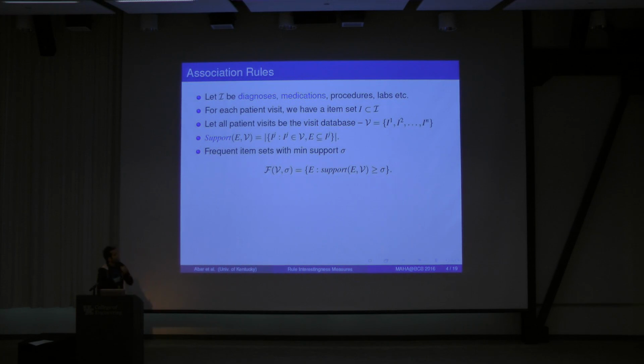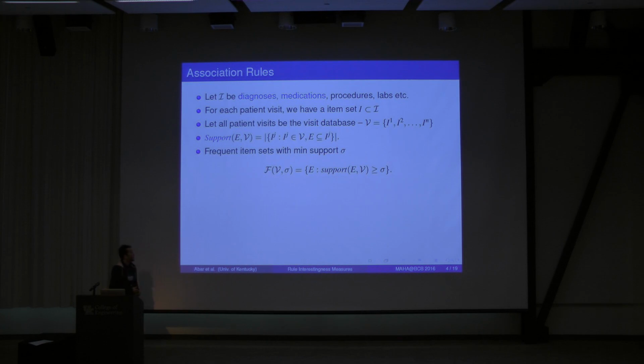Okay, first, let's say these are all the unique items in our data set, and for each patient visit we have an item set. In our data set we have different patient visits, one to n, which all create our data set.